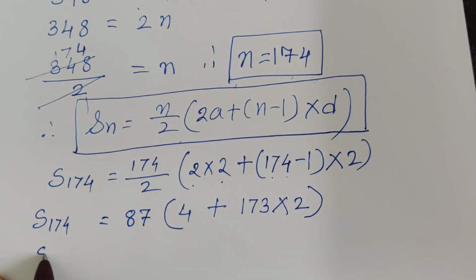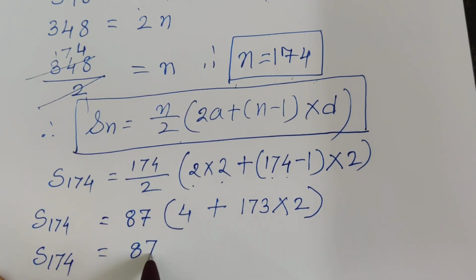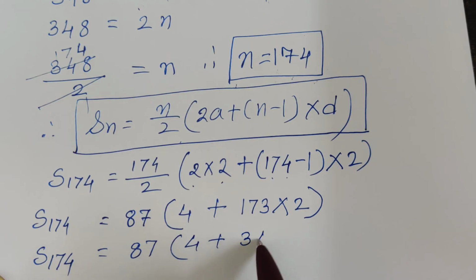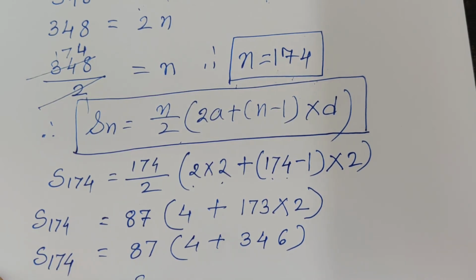If you complete the calculation, you will get sum of 174 equal to 87. Sum of this 4 plus product of this 173 multiplied by 2, which is 346. And so you will get sum of 174 equal to 87 into the sum of this 4 plus 346, which is 350.